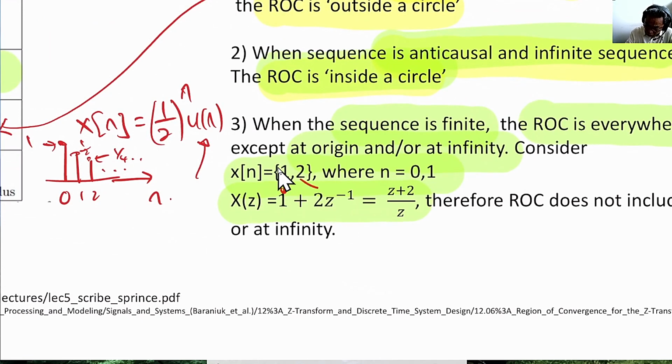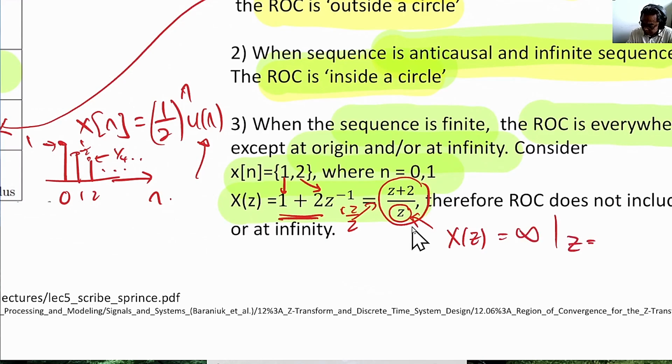plus 2 times z^-1. We then cast the polynomial into positive powers of z, basically multiplying top and bottom by z. So we have (z + 2)/z. You'll realize that when z is equal to 0, then X(z) becomes infinite.